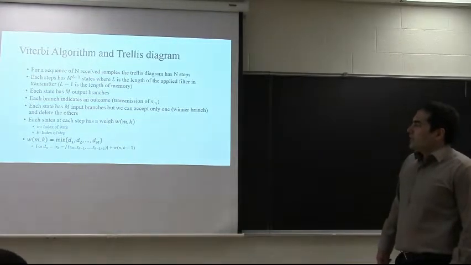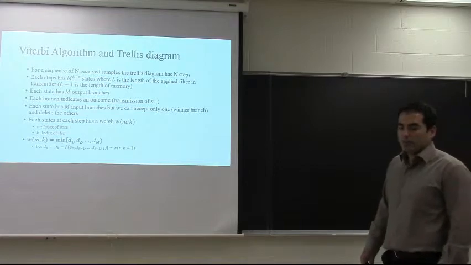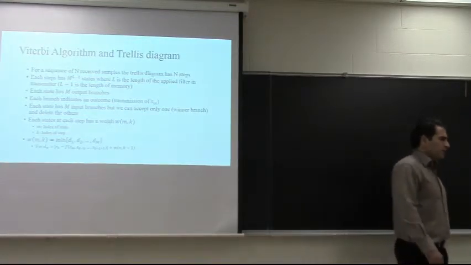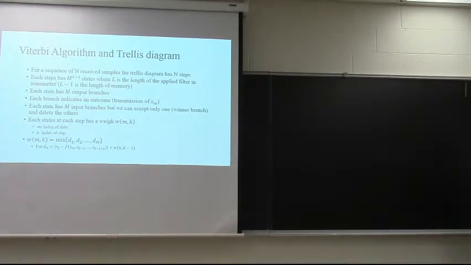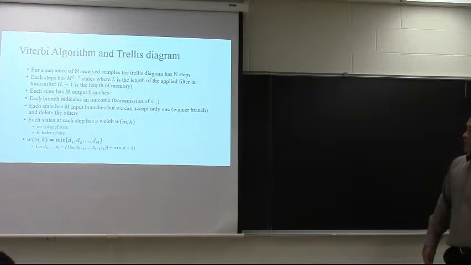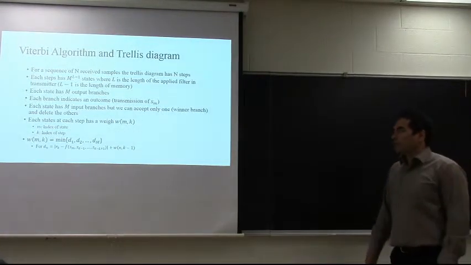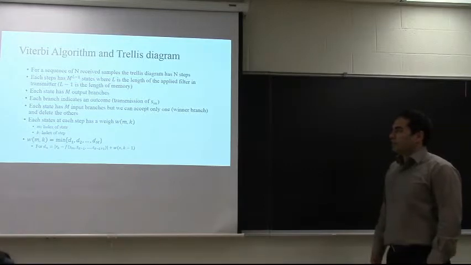Each state has M input branches. A very important point: each state has M input branches because we have M symbols, but we cannot just accept all of them. We need to find the winner branch with the minimum cost, the minimum weight, delete the others, and go forward to the next step.